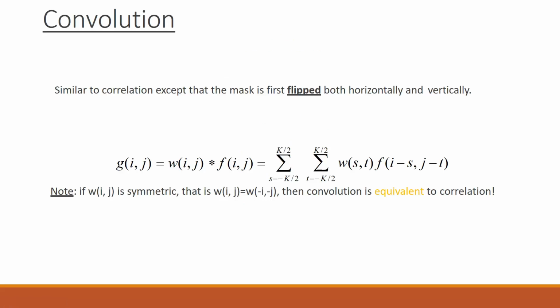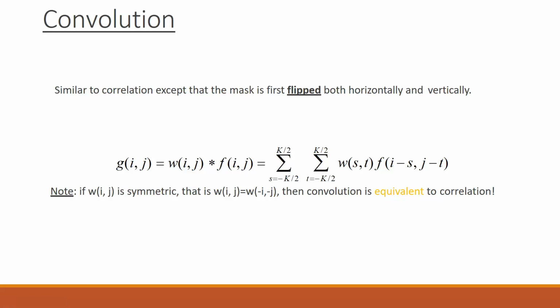Now, what is convolution? That is similar to correlation, only we have to flip the kernel by 180 degrees. So g of i comma j, which is the output of convolution of w of i comma j convolving with the input image, where w corresponds to the filter function, and f of i comma j corresponds to the input image.